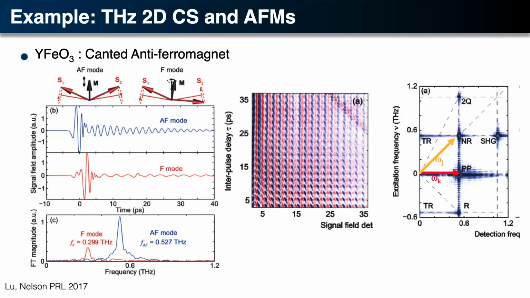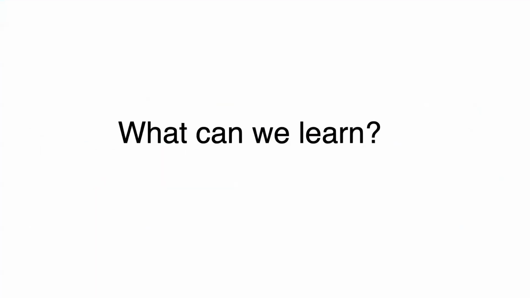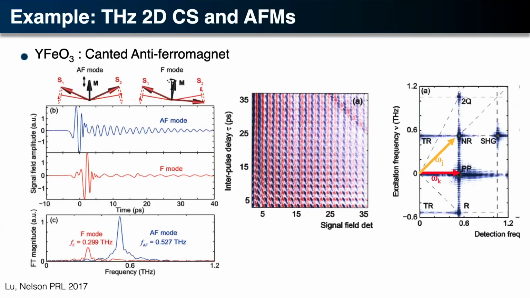We have two pulses, and we use this, if you will, frequency vector scheme to denote these different places in the two-dimensional plot and the different kinds of information they encode.